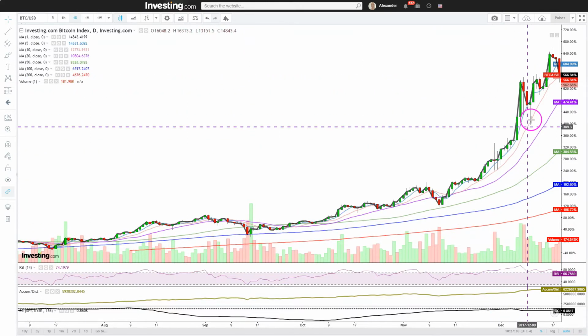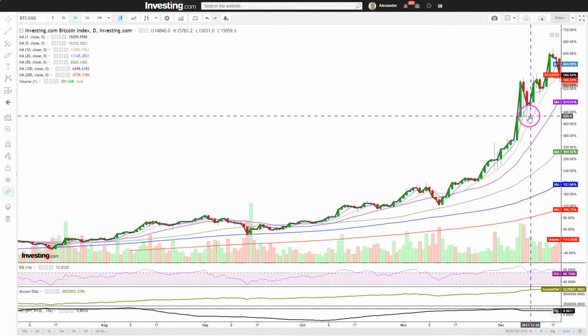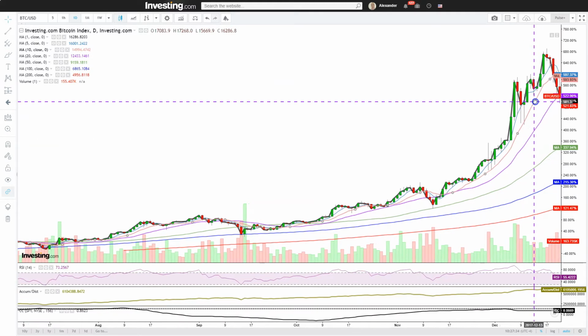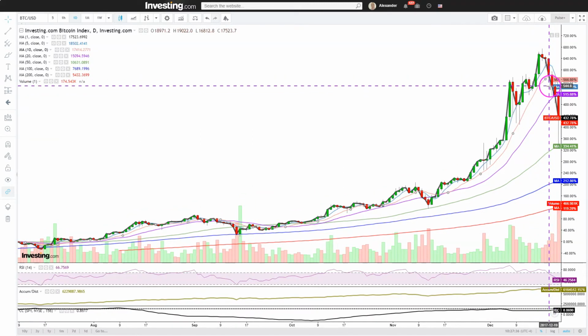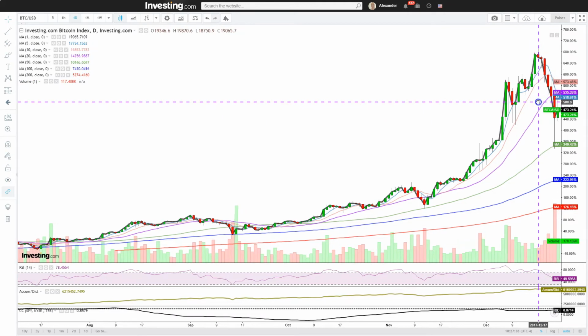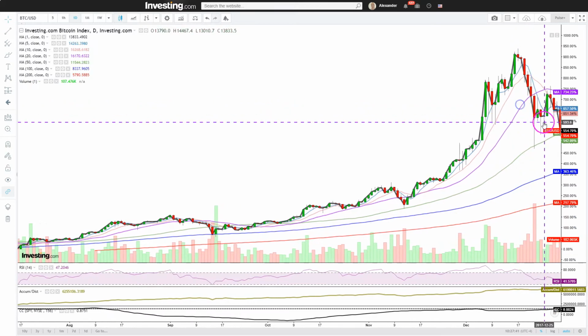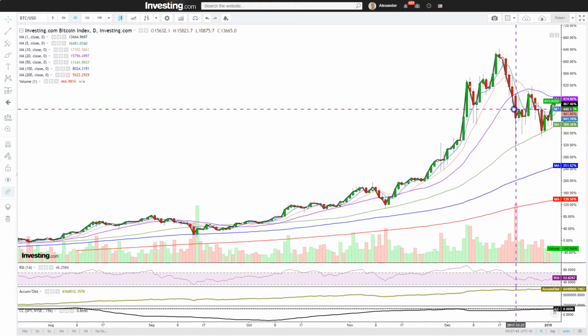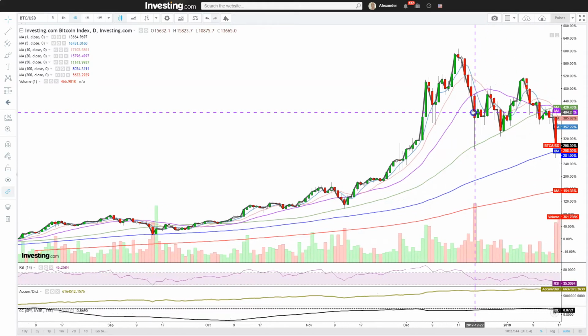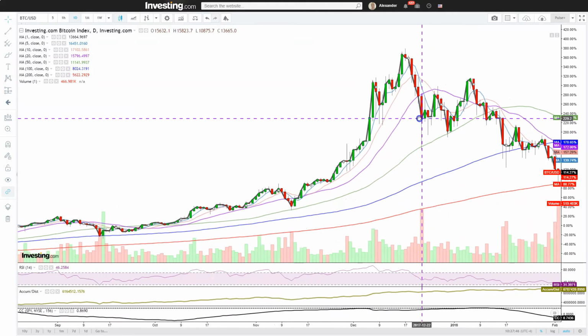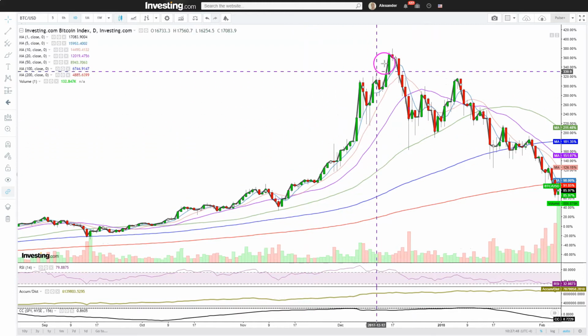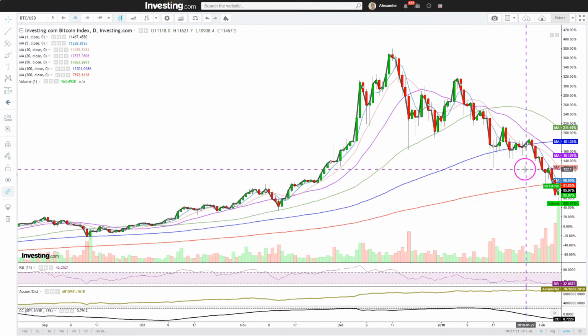Here it's groupthink in one specific direction. But what happened? You then have a pullback. Then people think that they can buy the dip, like here, it's a support, but then the psychology starts to change. And we go from excessive bullishness to panic.